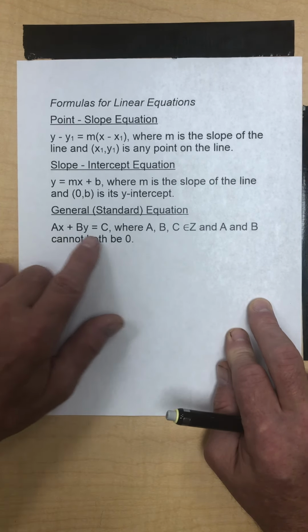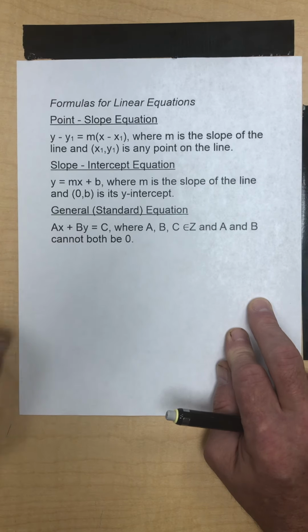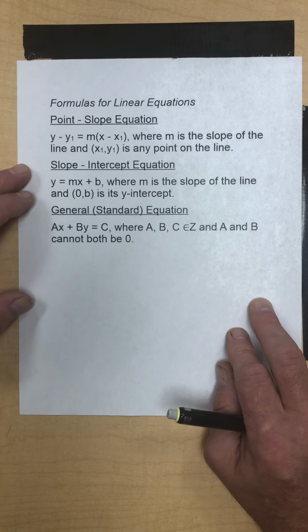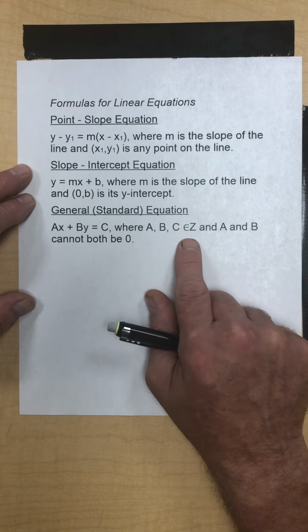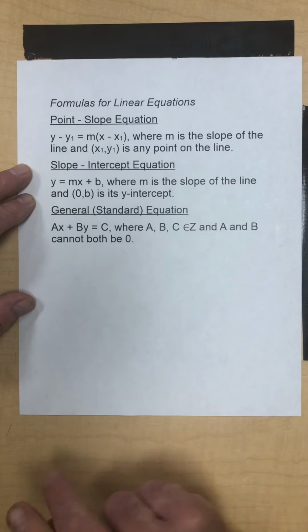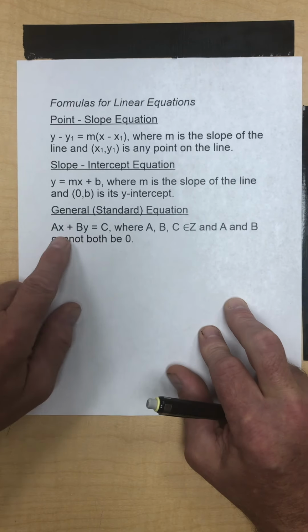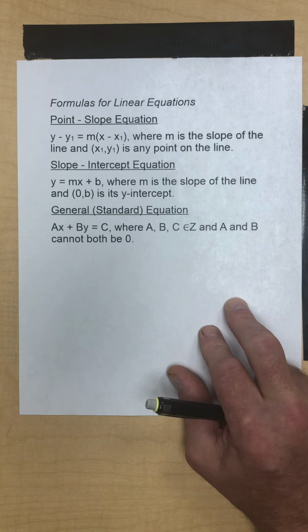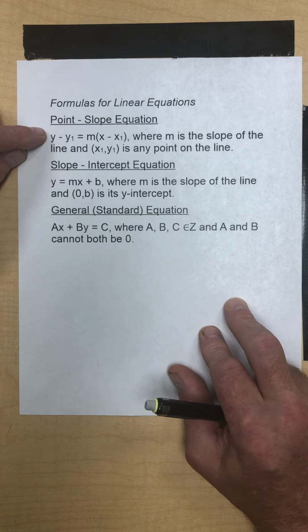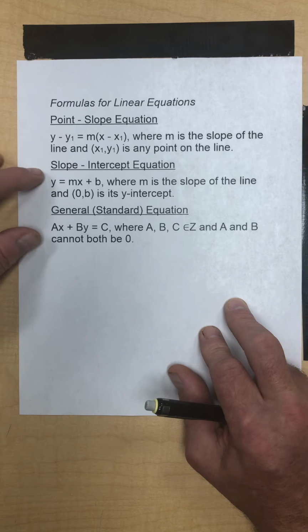All of these numbers, a, b, and c, have to be integers. So a, b, and c are elements of the set of integers. Remember, capital Z is your set of integers. So we can't have any fractions or decimals there. We'll use the point-slope form to begin writing the equation, and we'll put it in both forms.